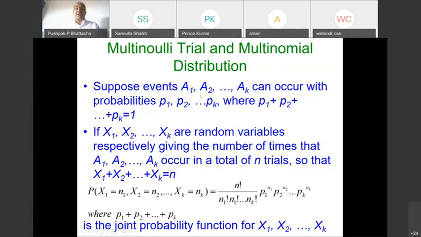Suppose events A1, A2, up to AK can occur with probabilities P1, P2, up to Pk, where P1 plus P2 plus up to Pk is equal to 1.